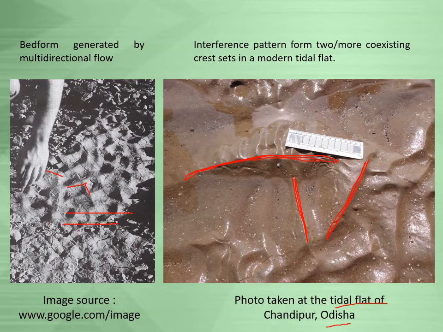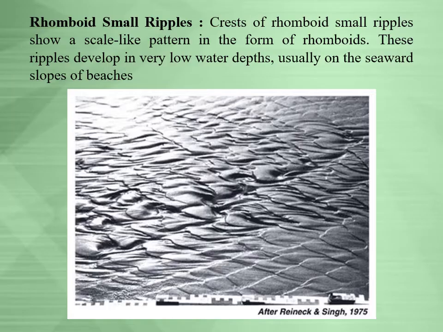So in this picture you can see that this one is one crest orientation, this one is one crestline orientation, and this one is one crestline orientation. So at least three crestline orientations are observed. That is why these are called interference ripples, and they are found mostly in the tidal flat regions.